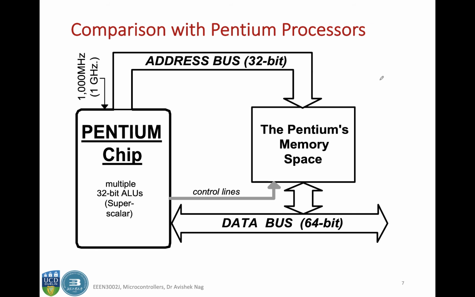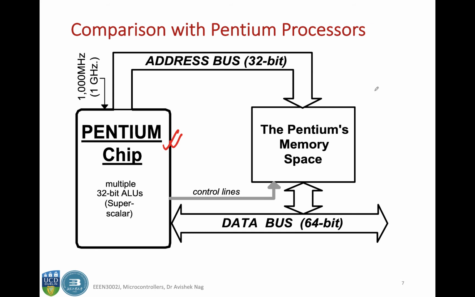So Intel actually developed this 8051 microcontroller way back in 1981, and some of the latest Intel processors are the Pentium family of processors. Okay, Intel has developed even faster and even more sophisticated chips now, but Pentium was one of their very popular chips until a decade ago, maybe.